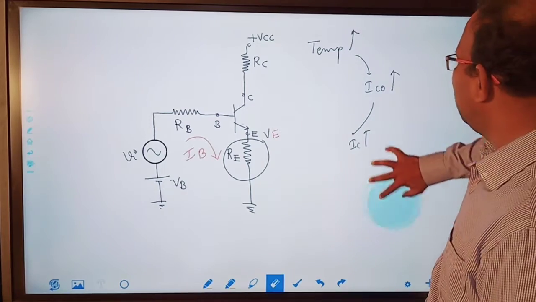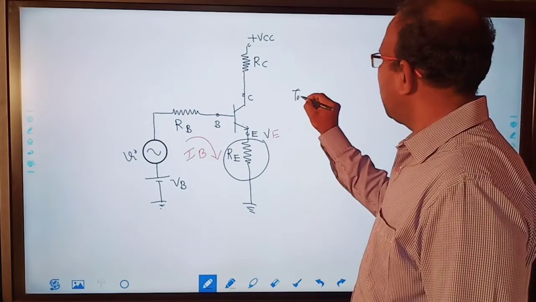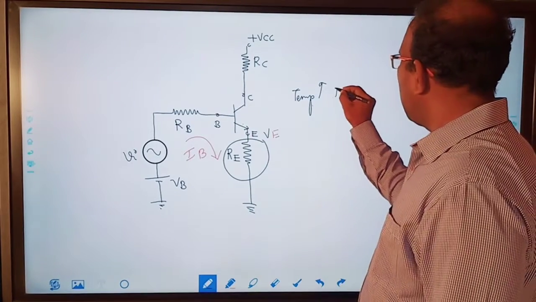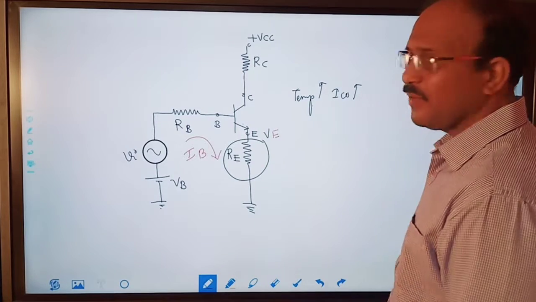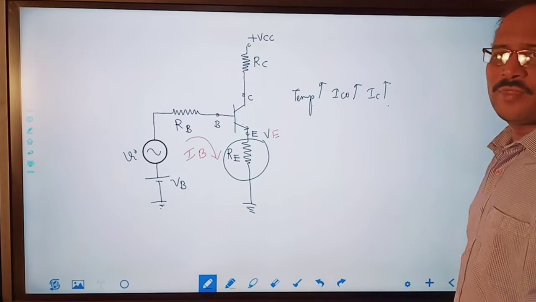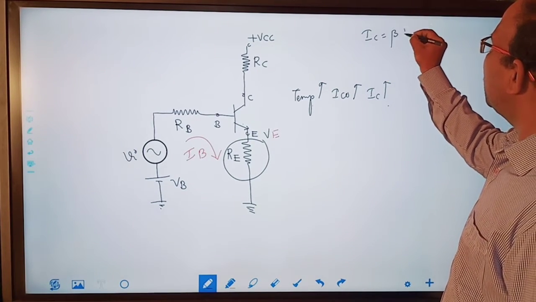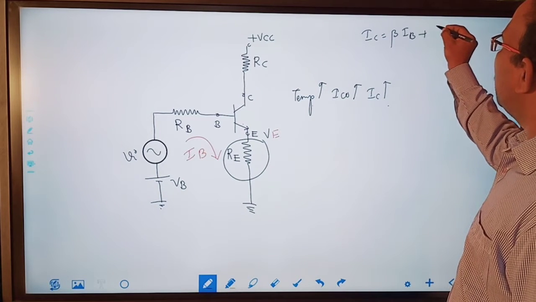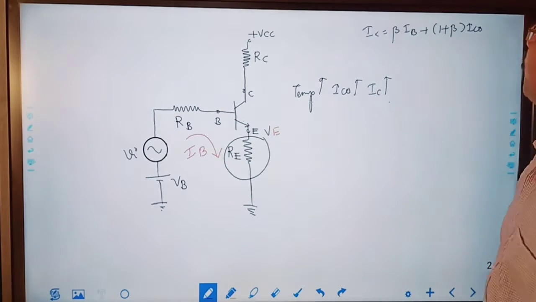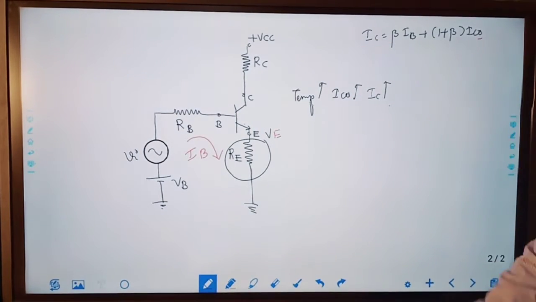I write here: if temperature increases, ICO will increase and momentarily IC will increase. Why? Because you know the relation: IC is equal to beta times IB plus (1 plus beta) times ICO. As ICO increases, IC will increase.